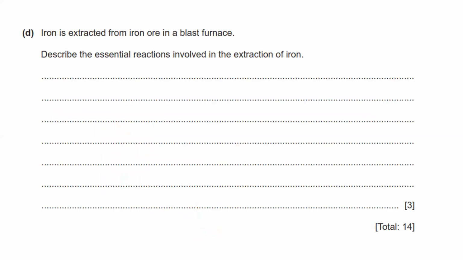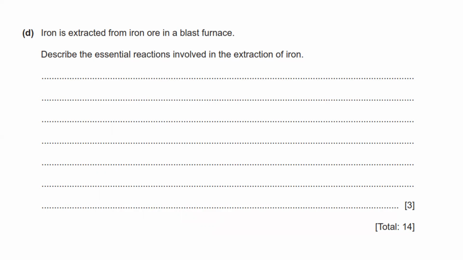Then part D, it says iron is extracted from iron ores in a blast furnace. Describe the essential reactions involved in the extraction of iron. So remember, this is a very important question. This is usually asked in the exam. So you have to be always up to the mark with this.